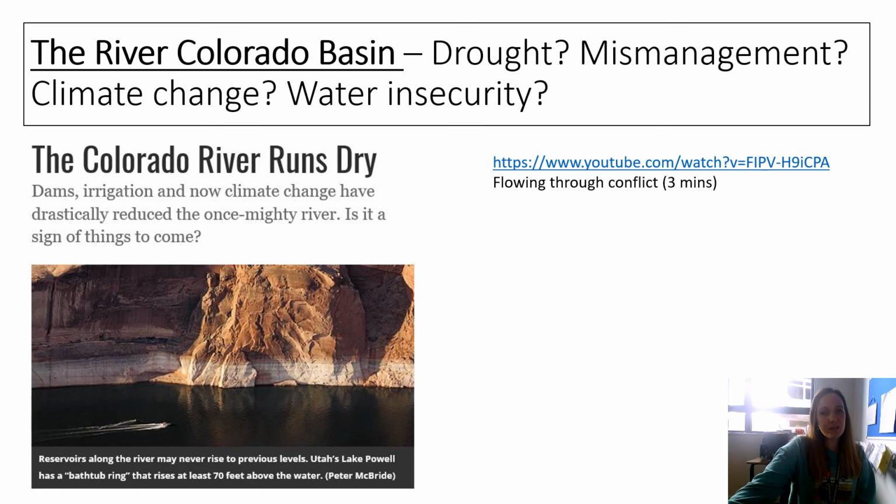The River Colorado is superb because it's one of the rivers in the world which has been so disrupted by deficits, so people extracting water, less water inputting into the system, more water outputting, climate change, that this river doesn't actually now reach the sea. So it's in a serious situation.